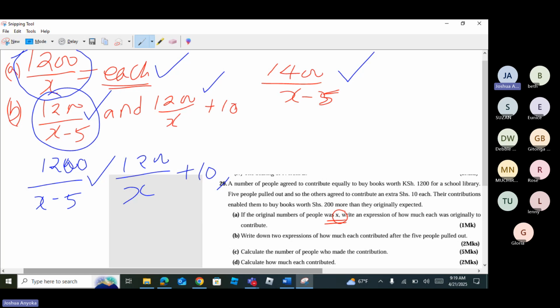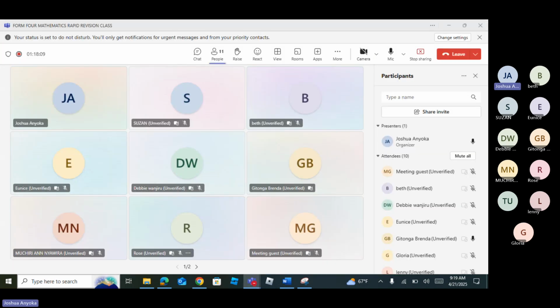And the original contribution in part A is 1200 over x. That is what we are going to increase by 10. So each will contribute the original plus 10. Ni Irene ama nani? Are we in agreement? Yes, iko sawa. Sawa, good.